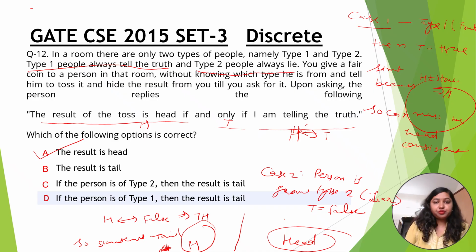Okay, so H is true. Okay, so the result is head.